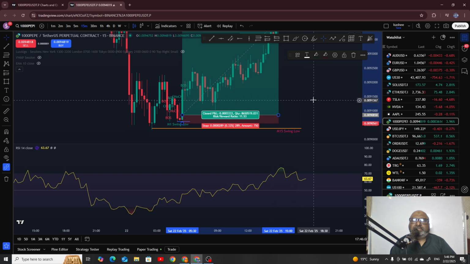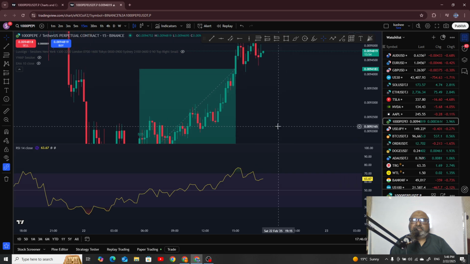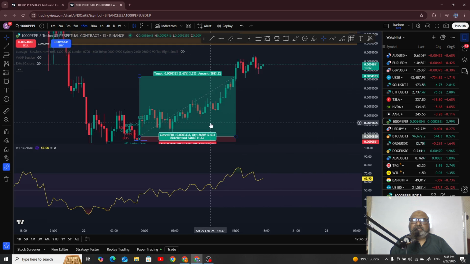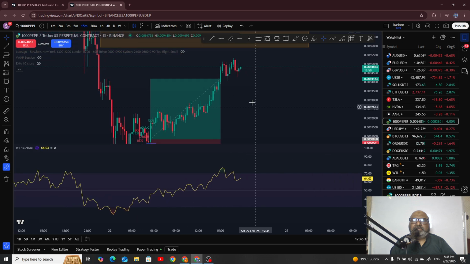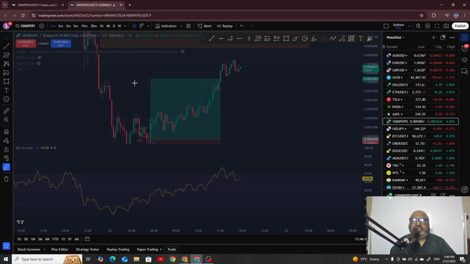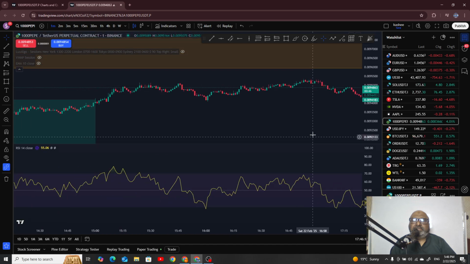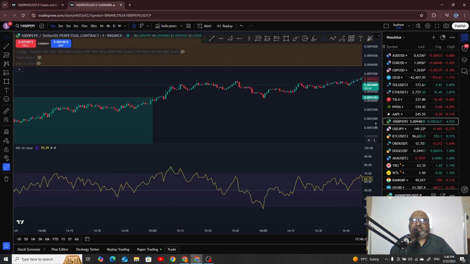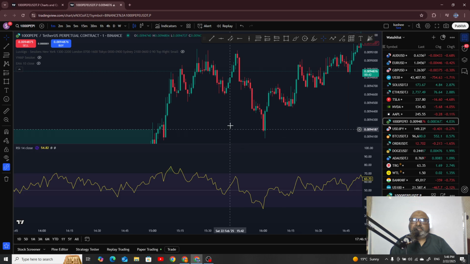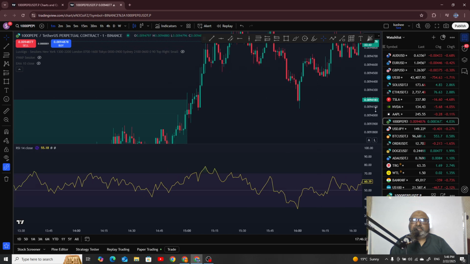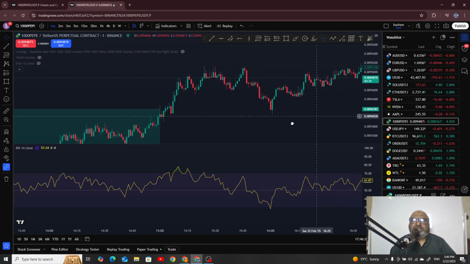So this is how you can take buy position, and now you can clearly see that market is in uptrend on 1 minute time frame.